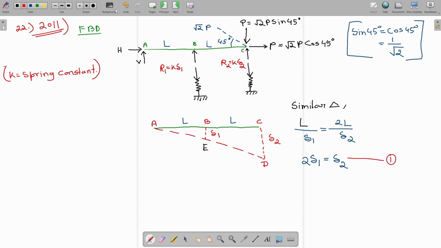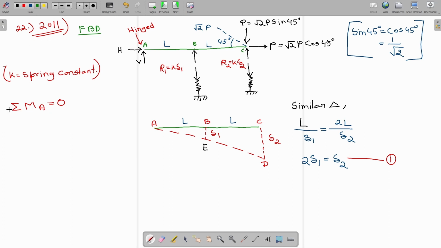Now, since this point is hinged, we can say that the moment about point A is equal to 0.